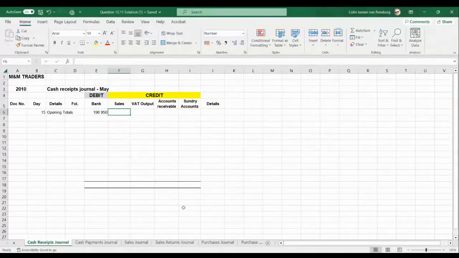And then we've got the opening total for sales, ladies and gents. So let us go and see what that was. 143,000. Opening total for VAT output. Let me just go and see again. VAT output 21450.